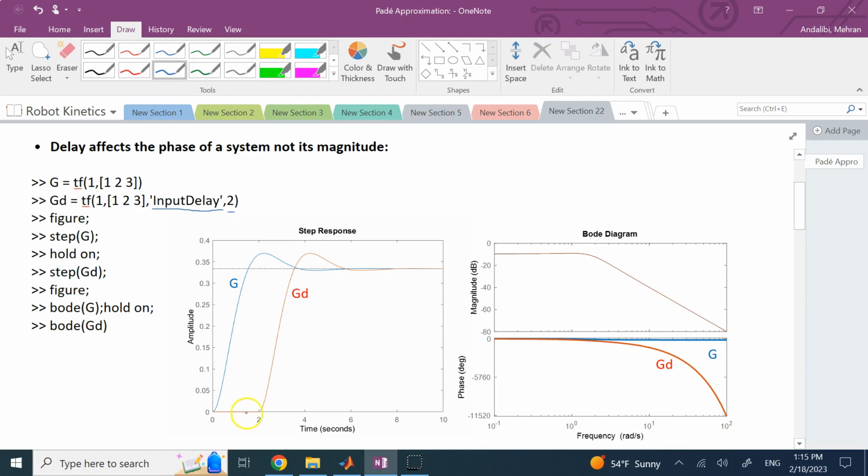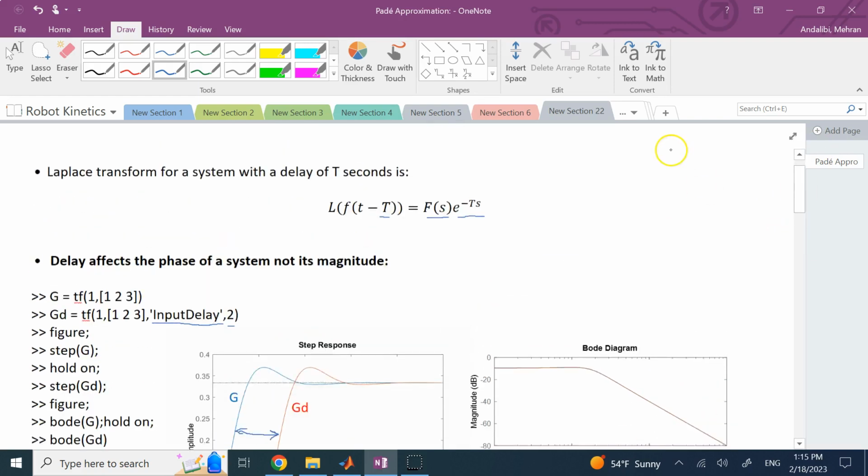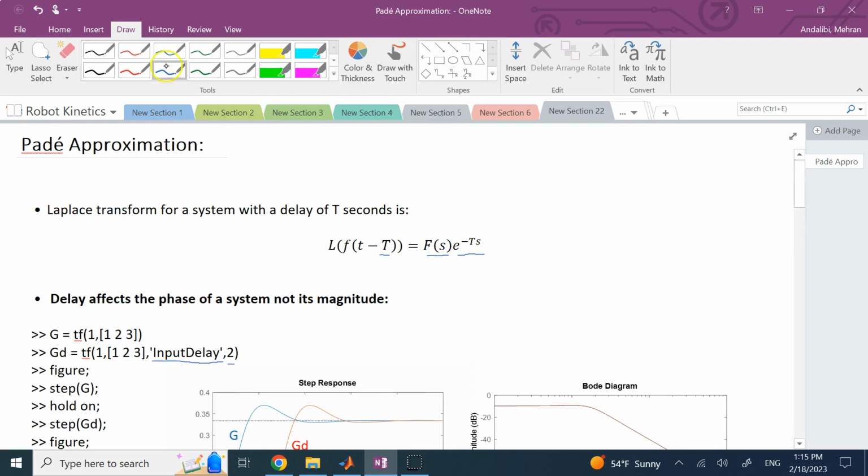And you see that here clearly the response of the delayed system is exact same thing as the original system, but with 2 seconds delay in between, right? In the frequency domain, on the other hand, the effect is what? We know that this exponential term, if you replace s with j omega, is going to be e to the negative t j omega.